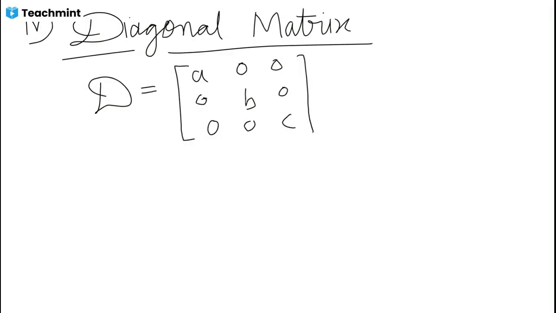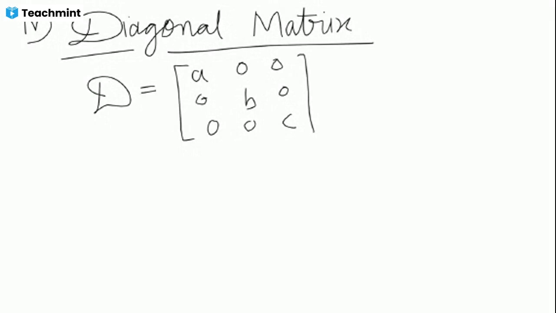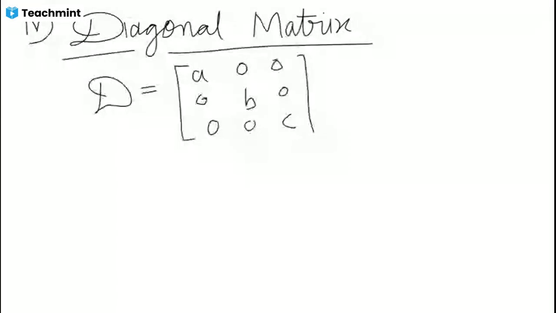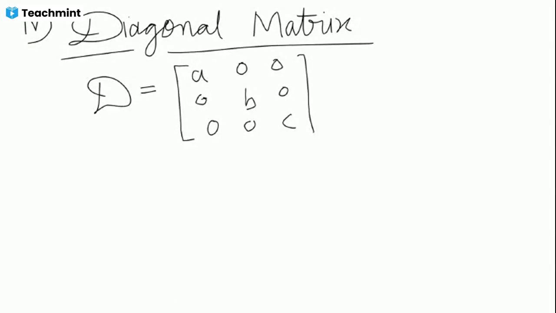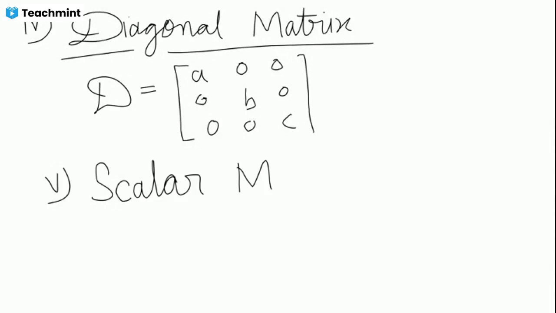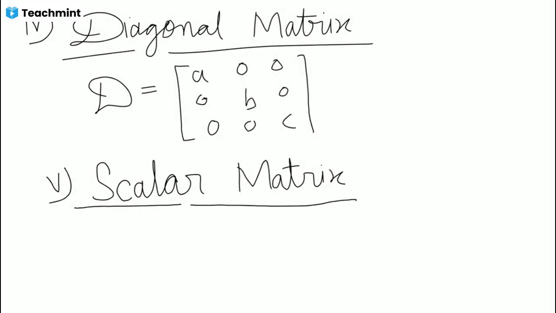Now let us learn the next type, scalar matrix. A scalar matrix is also a diagonal matrix, so obviously it is also a square matrix, in which the diagonal elements are the same.